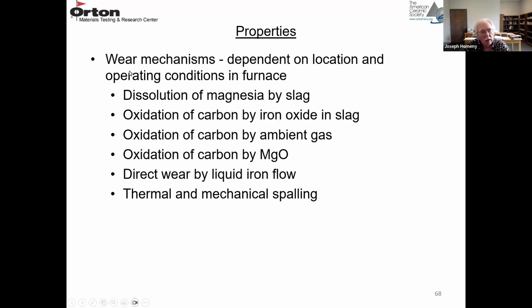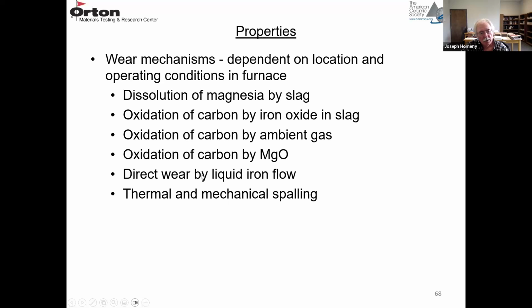So how these materials wear in service is really a function of the location in the furnace and how the furnace is operated. So the main issues here for wear are dissolution of the magnesia by the slag, oxidation of carbon by iron oxide that's in the slag, oxidation of carbon by ambient gas, oxidation of carbon by the MgO that's actually part of the refractory.